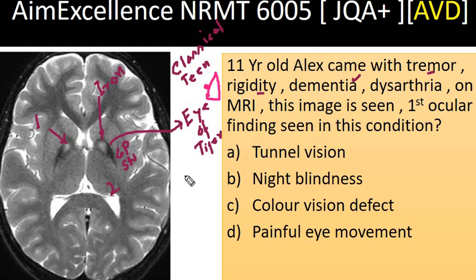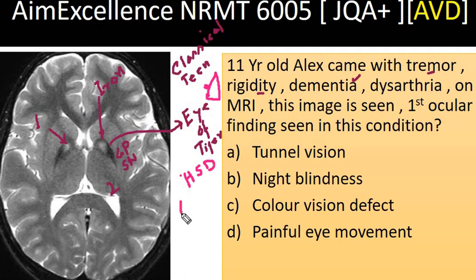So we understood there is a problem, and this particular disease is known as Hallervorden-Spatz disease, but this is the earlier name.